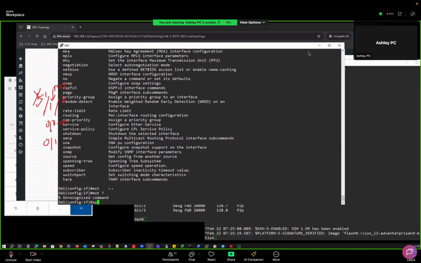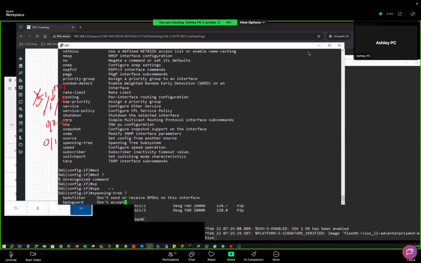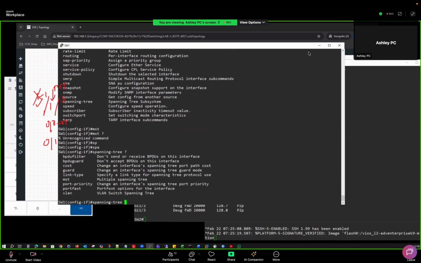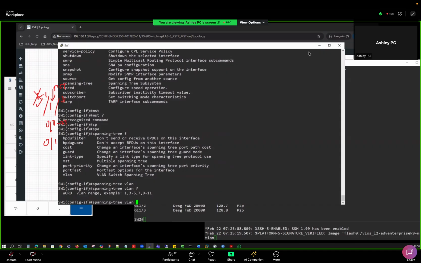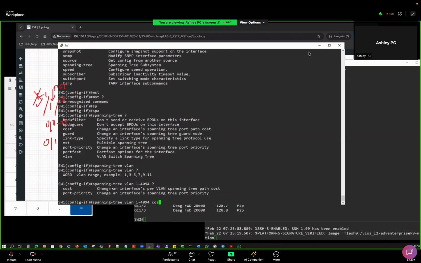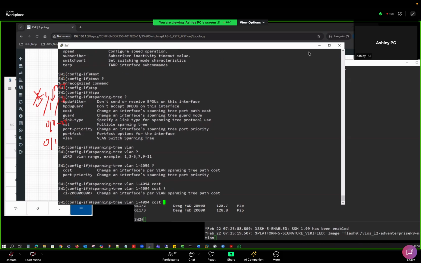So we have the spanning tree. Then spanning tree for which one? VLAN range we have 1 to 4094, cost.